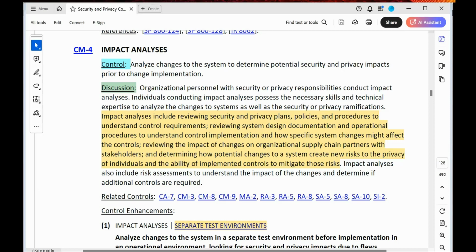Impact analysis also includes risk assessment to understand the impact of the changes and determine if additional controls are required.